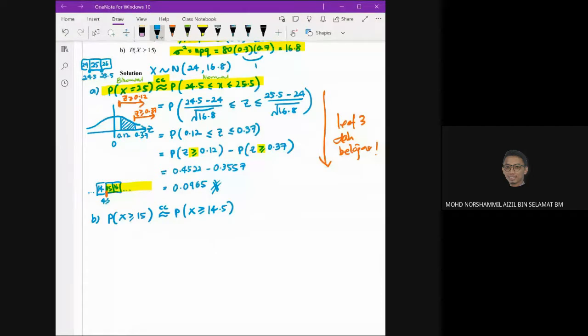Somewhere here is 14.5. So we need to start from 14.5. That is the only thing we learn today.